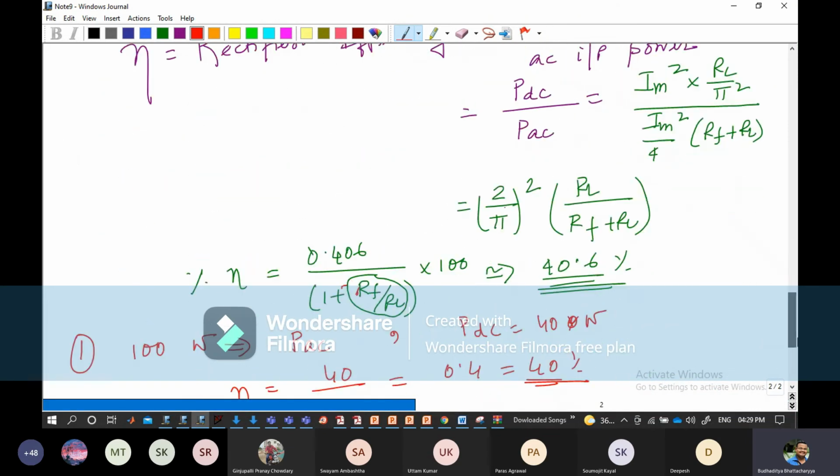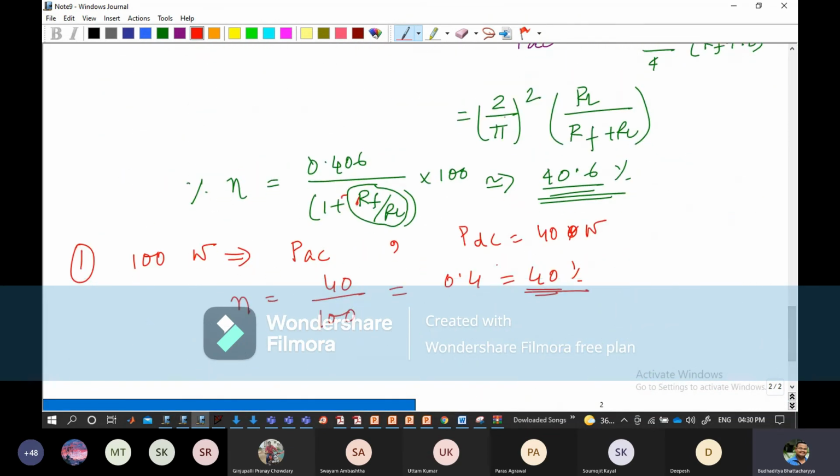So don't think that we are dissipating 60%. Am I understandable? From the 100%, 50% is not considered at all. It is completely due to the half-wave rectification process. It's gone, so that is not even taken into consideration.